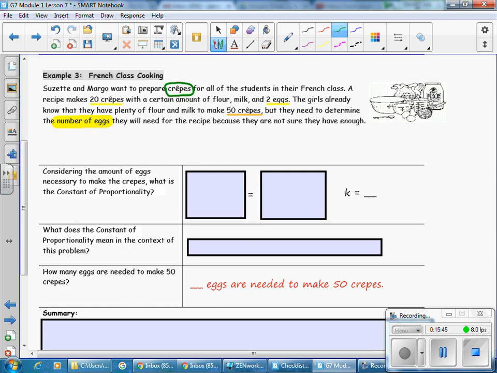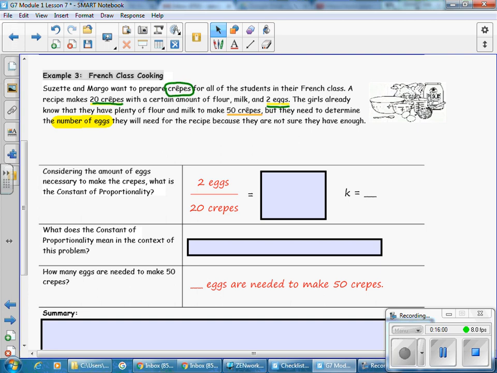So we know that 2 eggs will make 20 crepes. Considering the amount of eggs necessary to make the crepes, what is the constant of proportionality? So we know that it takes 2 eggs to make 20 crepes. And we want to know how many eggs it will take to make 10 crepes.